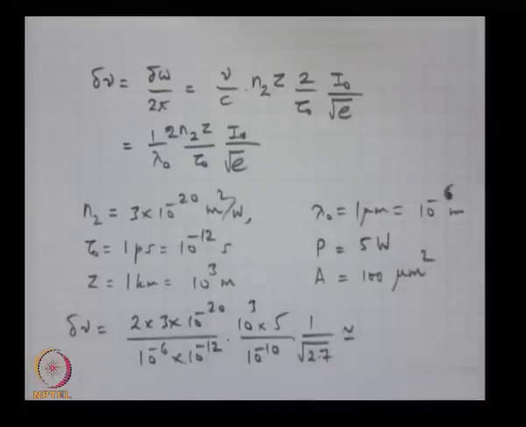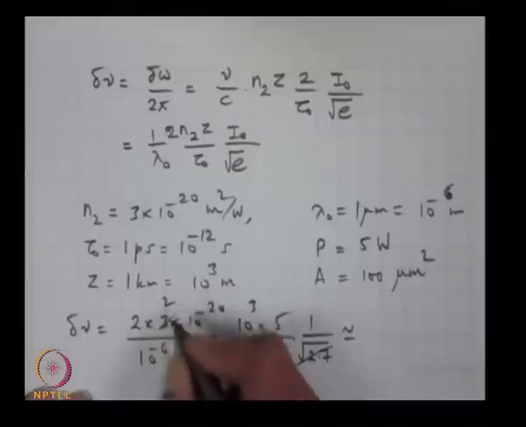Can you estimate how much is this? So root 2.7 is about 1.65 something. So I can strike this off with a factor of 2 here.